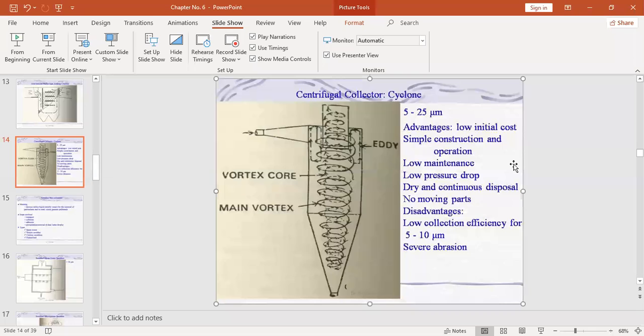That's why I'm repeating again and again that this equipment can remove 5 to 25 micron diameter particulate matter from the gas. Advantages and disadvantages we have discussed. So this is about the centrifugal collector, or cyclone, or double vortex system.